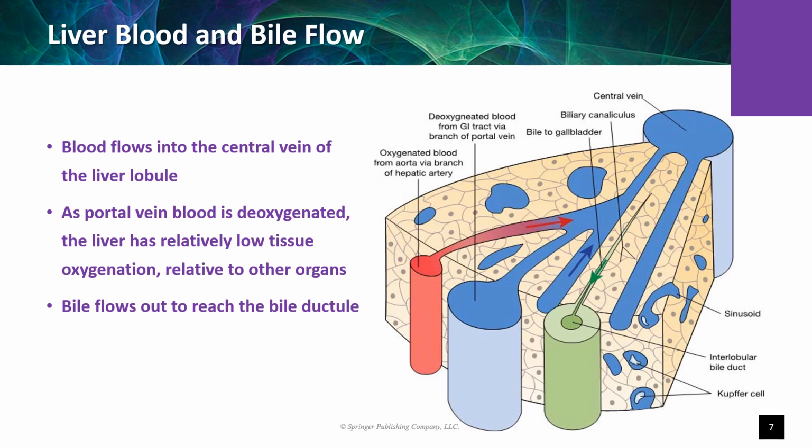Hepatic blood and bile flow through a liver lobule. The blood flows from the periphery of the lobule toward the central vein, while bile flows in the opposite direction to the periphery of the lobule.